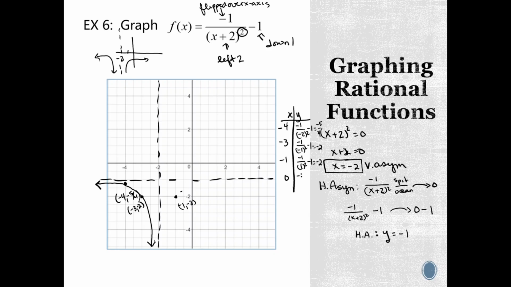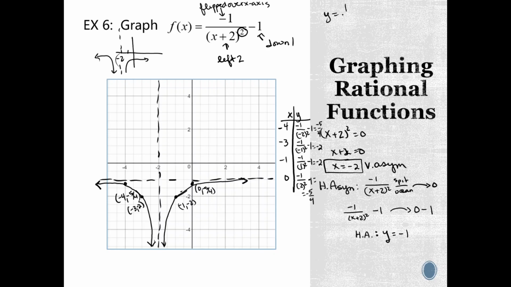Okay, and if I plug in 0, I'm going to get -1/4 minus 1, so that's -5/4 again. And then again, I'm going to go towards those asymptotes. And there's my graph. And we can see it has been flipped over. It's been moved left 2, and it's been moved down 1. So we got sort of what I started with.